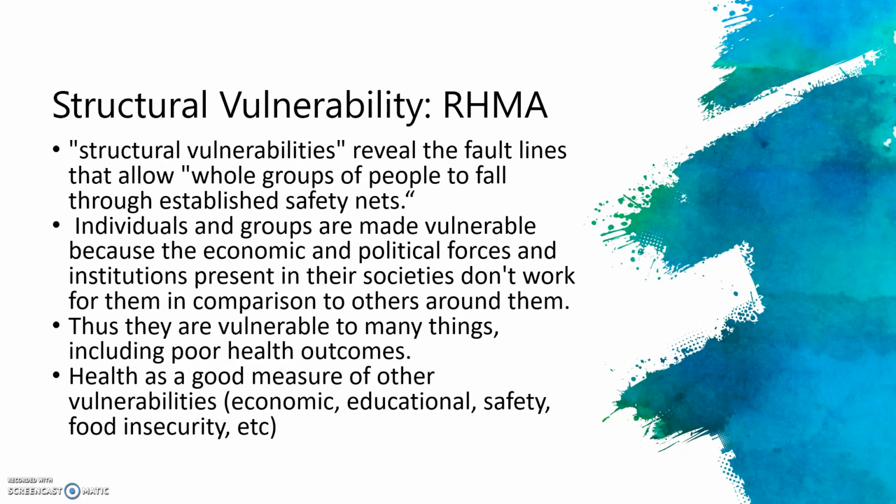So they're vulnerable to many things, including poor health outcomes. And health is a really good way to measure other vulnerabilities like economic, educational, safety, food insecurity. If you had data from populations and you could just look at infant mortality and life expectancy, you could probably predict a whole bunch of these other structural vulnerabilities that lead to poor health outcomes.